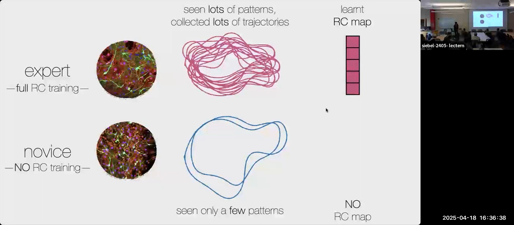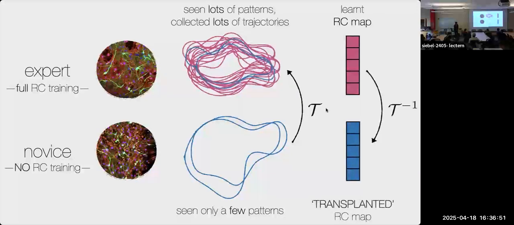How can we still build the same function using the novice sample? The idea is that if you can find the lower dimensional state space embedding of how the dynamic is working, then we should be able to find some inverse map of this RC to get roughly the same, to do the transplant of this pre-trained knowledge.